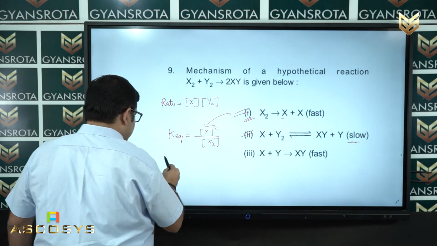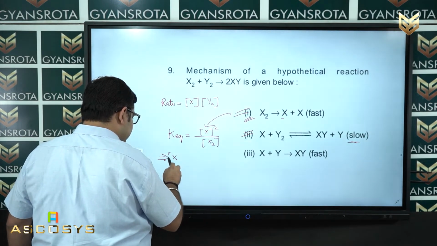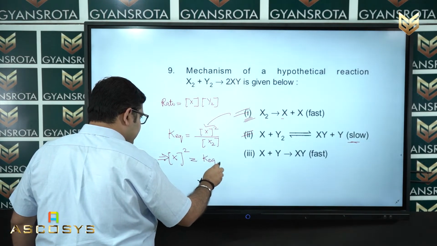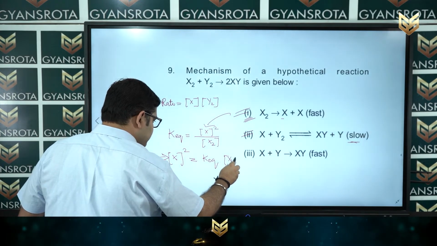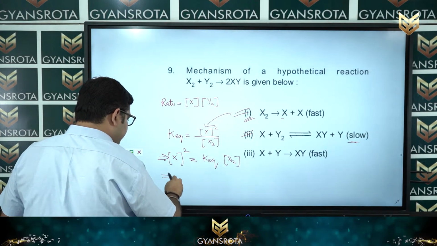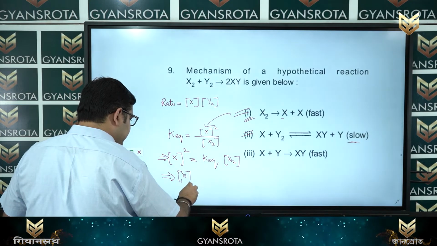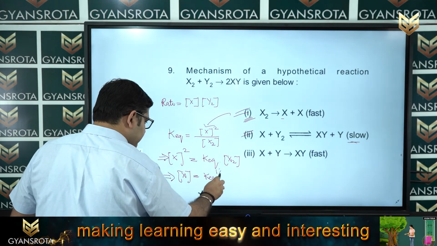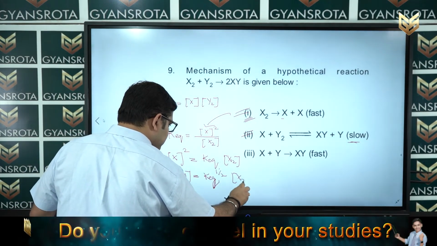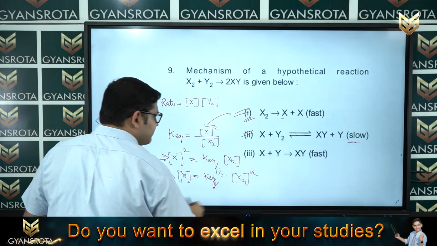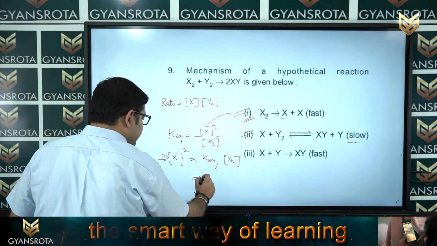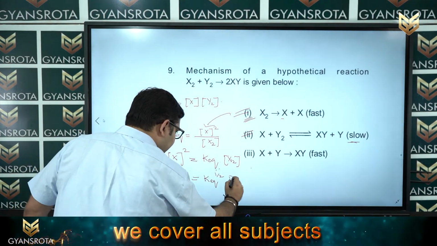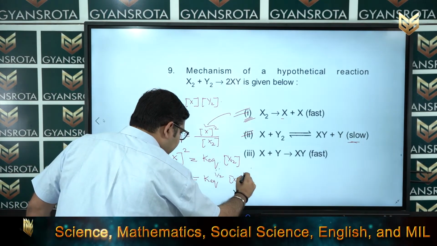Now keep one X on this side and K equilibrium goes to that side with X2. Now if I remove this power, you will get X equals K equilibrium to the power half times X2 to the power half.